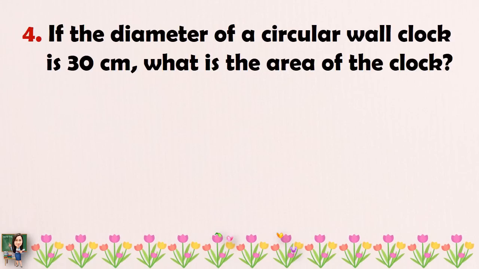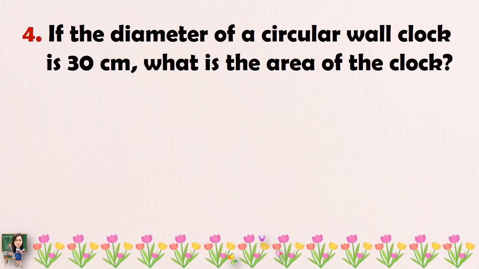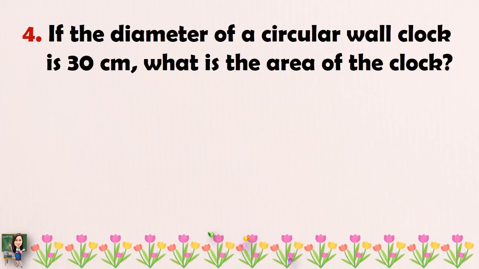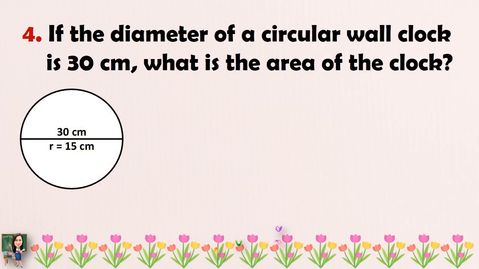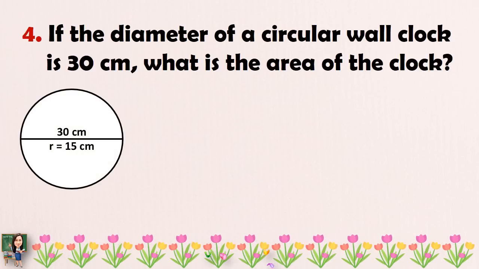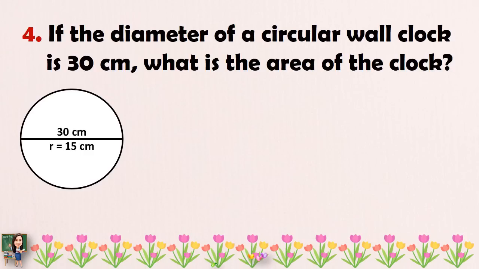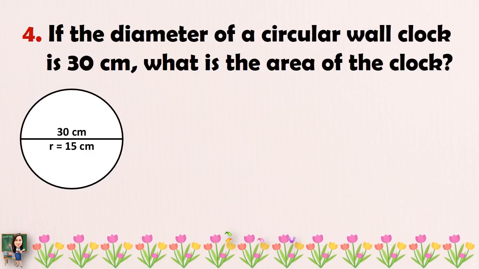Number 4. If the diameter of a circular wall clock is 30 centimeters, what is the area of the clock? So for example, this is a clock, 30 centimeters diameter, so the radius is 15 centimeters.